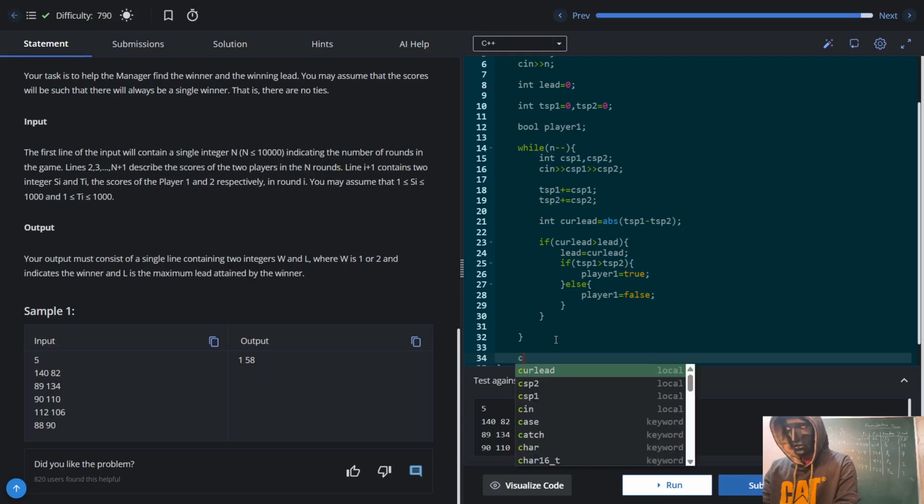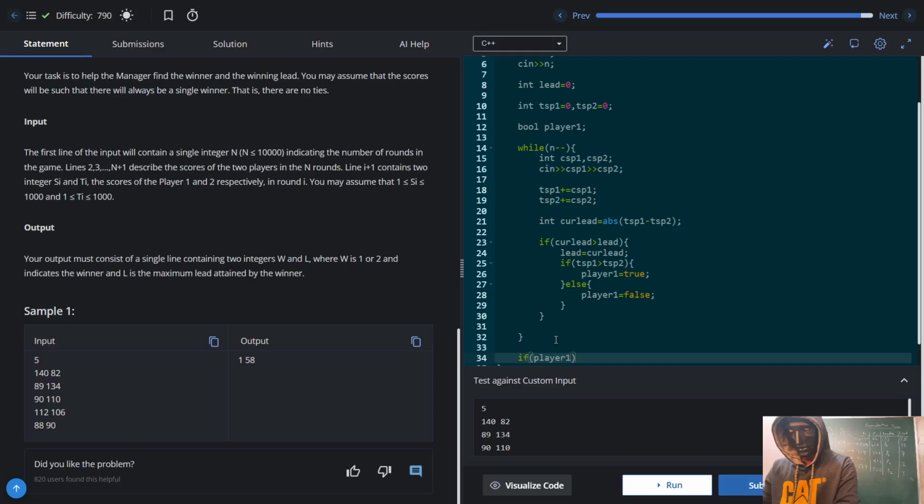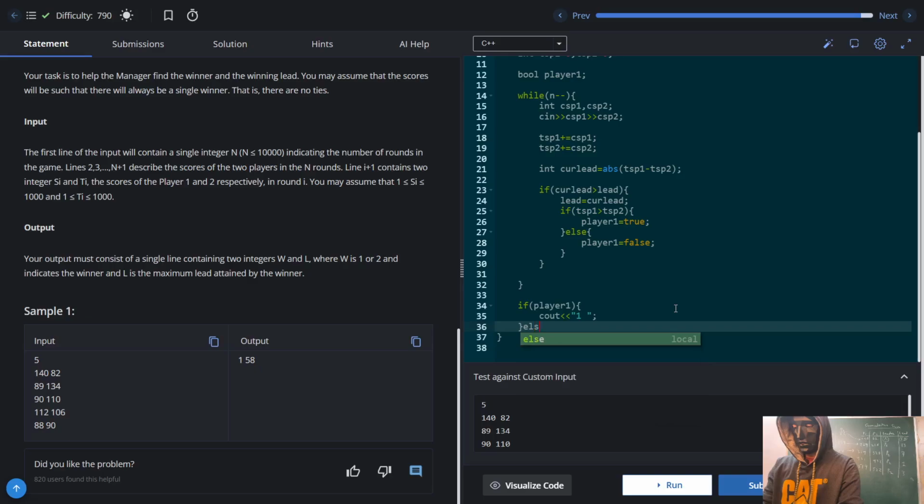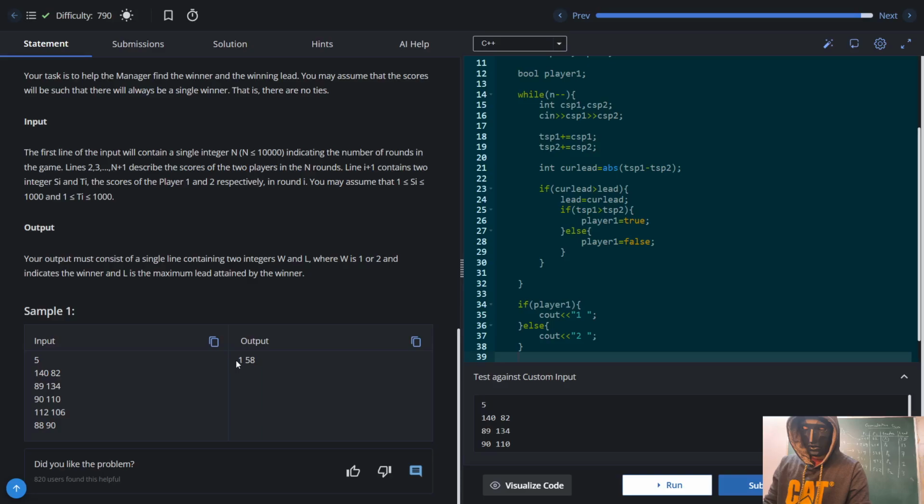And when you come out of the loop, you'll have to find if player 1 is equal to true, which means player 1 has more lead. So you'll have to display 1, right? Else you'll have to display 2, and they have asked you to display player 1 or 2 and then the lead.